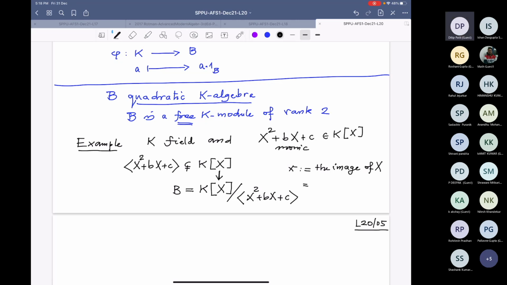There is a natural onto map here. It's a ring homomorphism, a natural surjective map. If you call it pi, this small x is the image of capital X under pi. That means this x equals pi(X).